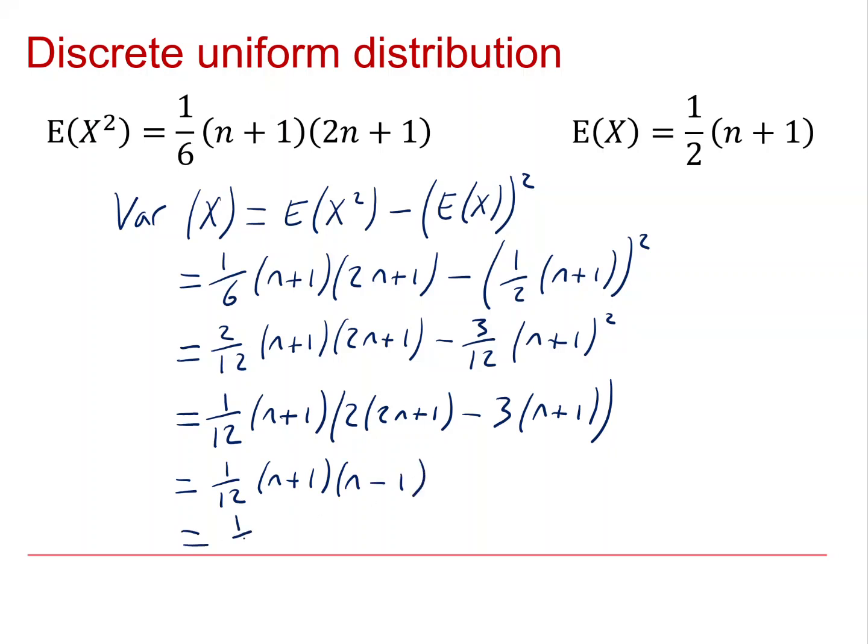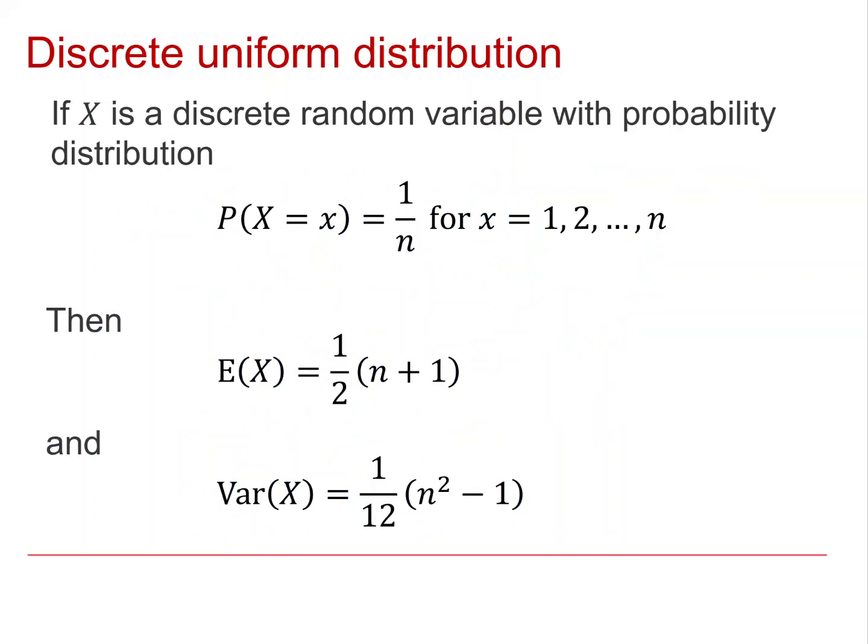And so that's going to be 1/12 times, difference of two squares tells me, n squared minus 1. So there are the results. Those are both in the formula book. Okay, so unless you are asked to prove them, you can use those results straight off.